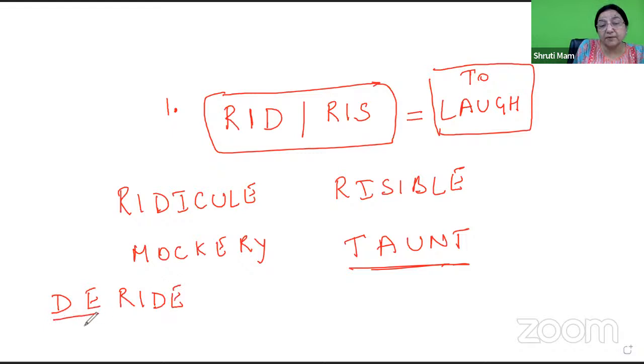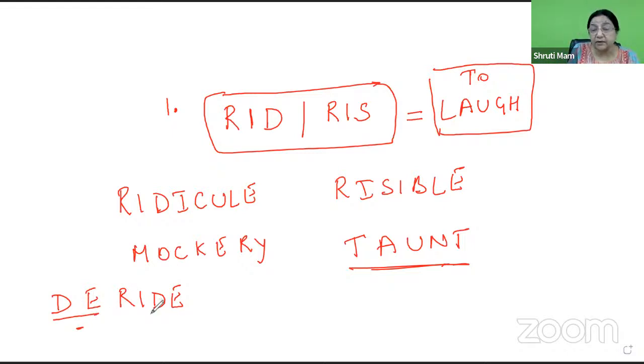I just added a prefix which has a negative connotation, de. It is clearly a negative prefix. Degrowth, destabilize, degenerate, denigrate. Look at all words that start with the prefix de, which is down, below, under.